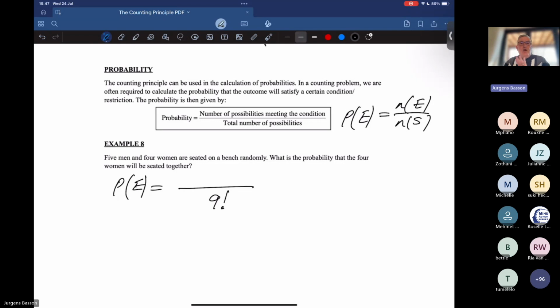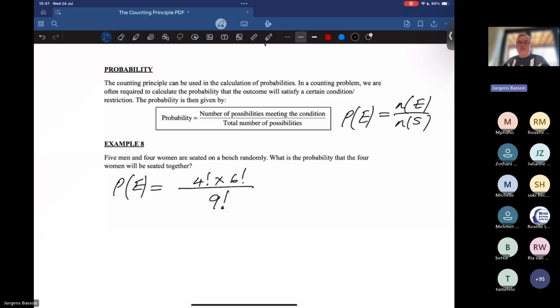This one says women together. So women together is 4 factorial. You count it as 1 and you bring the males, and that is 5 of them, plus the one group, and that gives you 6. So this answer here then will be 4 factorial times 6 factorial.